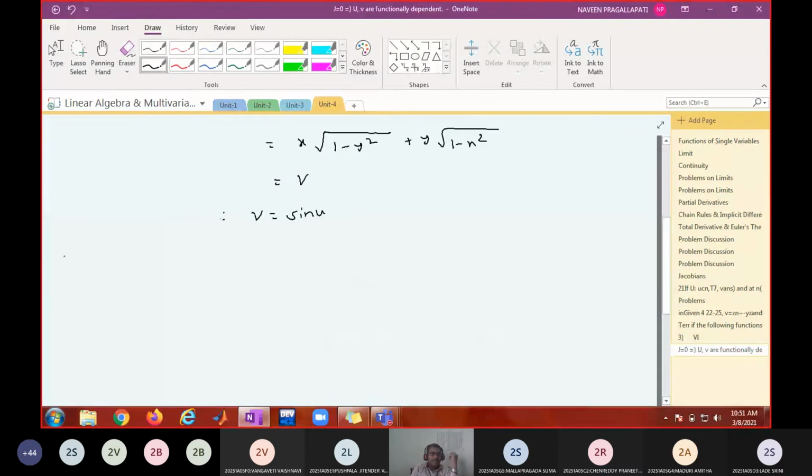So take some homework problems. Homework problems. U equal to x by y minus z. V equal to y by z minus x. W equal to z by x minus y.